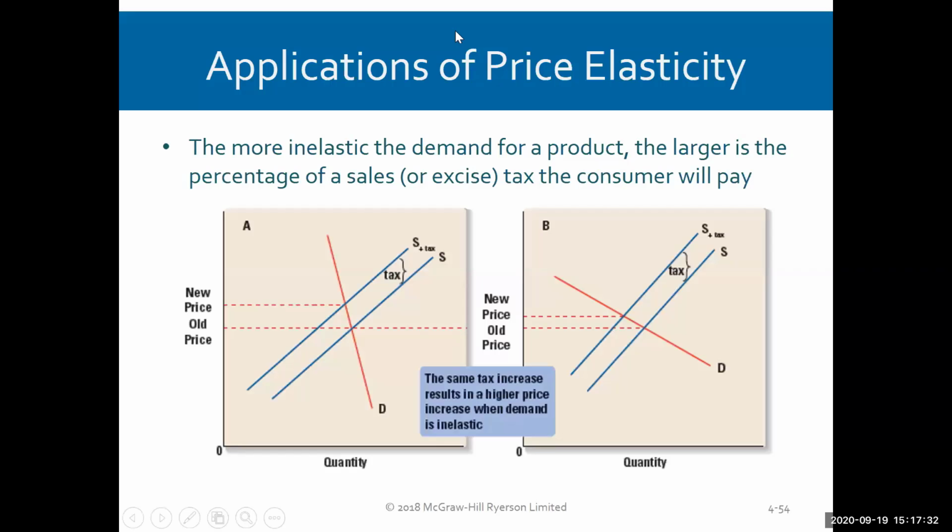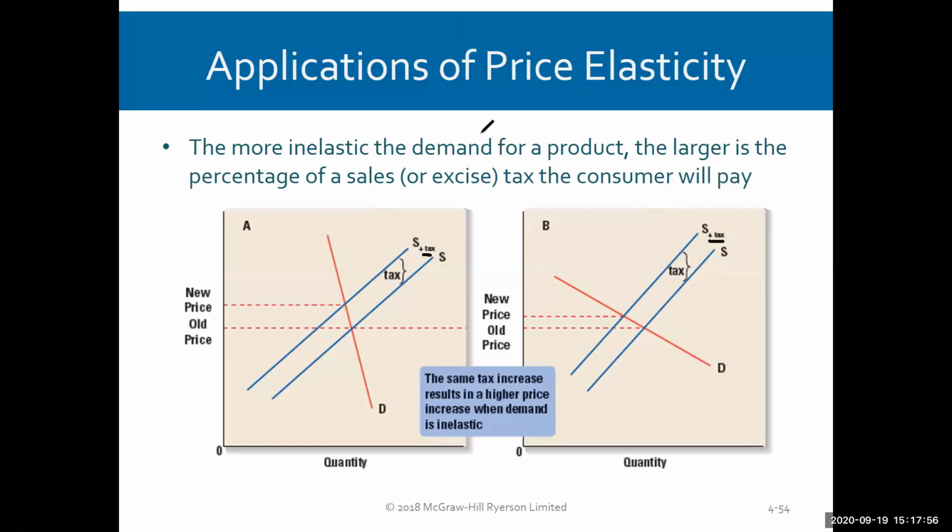Okay, let's look at the graphs for this application of price elasticity and show the two graphs with the same tax increase. So the supply curves are exactly the same here, and the shift in the supply curve is exactly the same because it reflects the same amount of tax that's added in both cases to these two different products.